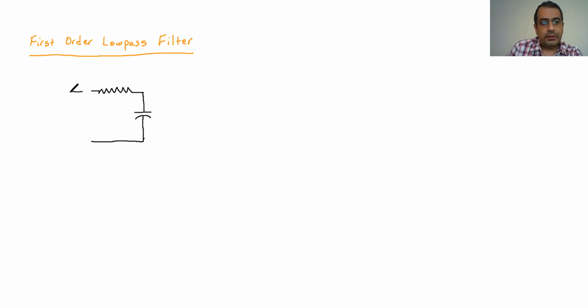So let me extend that. So assume I have a circuit like that. So I have a R here, and I have a C here. So it's going to be the R, and it's going to be the C.